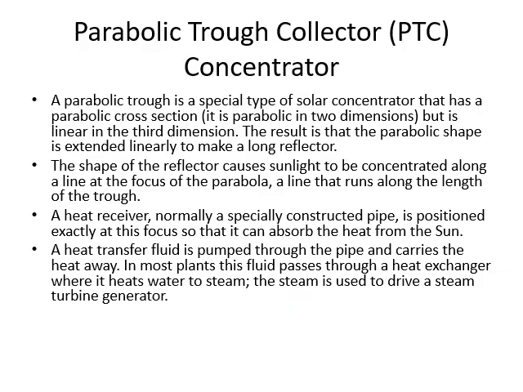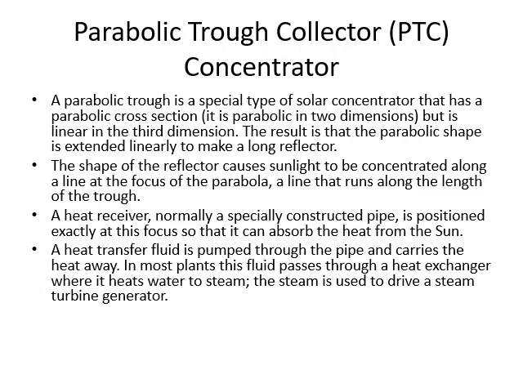Now some detailed description about the parabolic trough collector, or PTC. As we can see, it is a special type of concentrator that has a parabolic cross section, mostly circular parabolic, but it is linear in the third dimension.